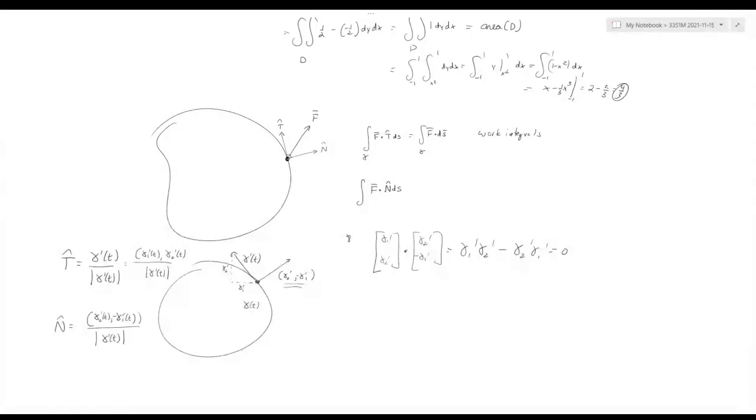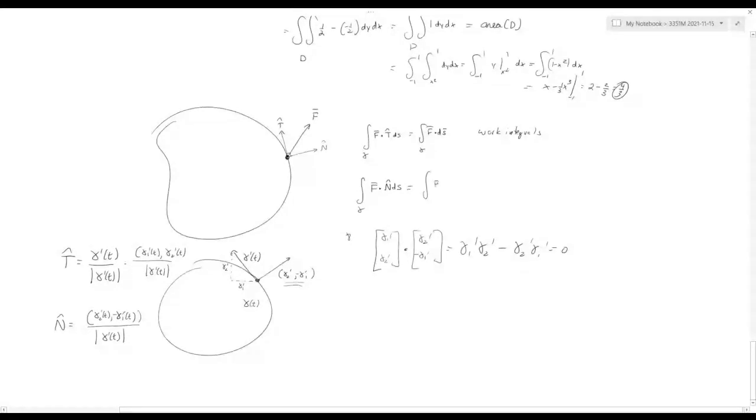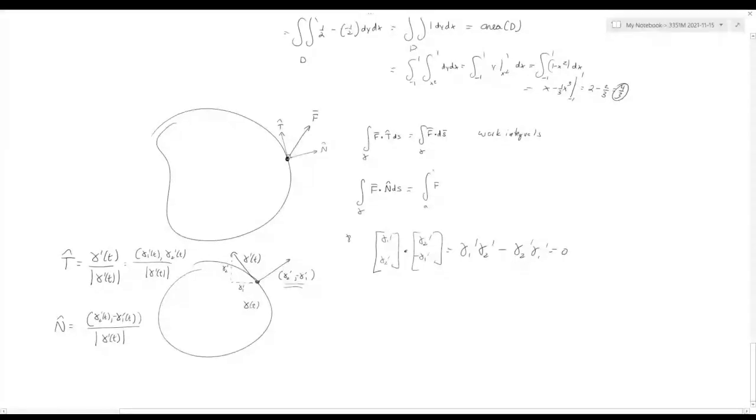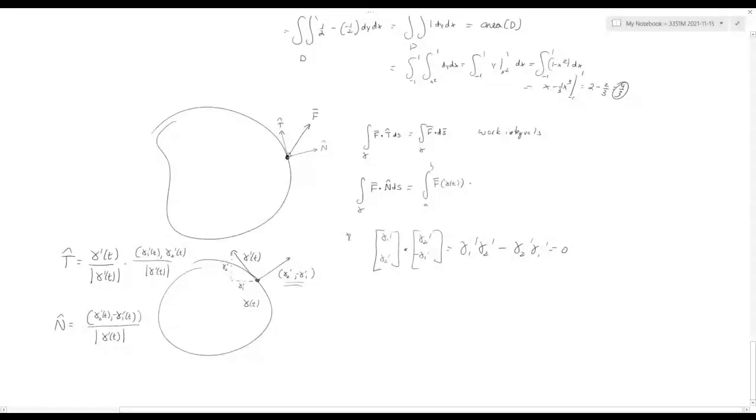Well, let's just give this a name. Let's finish this. So here's F, with some parameter space A to B. The unit normal is, let's just say F has components F1 and F2.